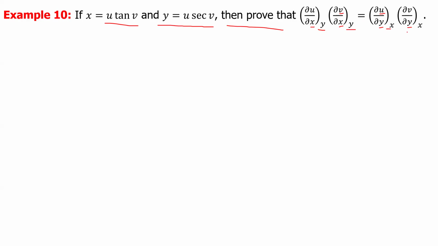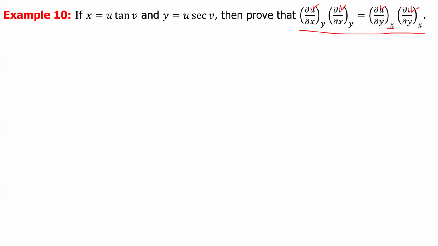So here, if we see all the terms, we have four variables u, v, x, and y. And now here, if we see the expressions, what we have to prove: del u del x, del v del x, del u del y, and del v del y.